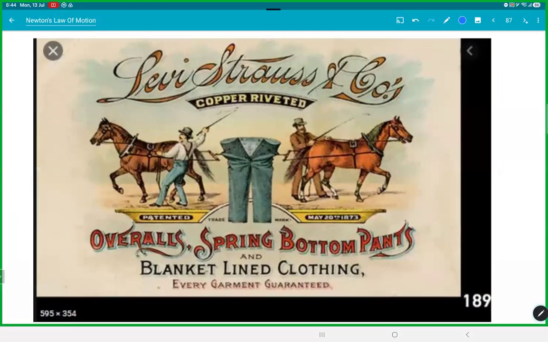Yeah, this was the flyer kind of thing. Look at the name also. Overall, spring bottom pants, blanket line clothing, every kind. So Levi Strauss, that's something. So if you don't know physics, that's how you can be fooled. Clear with this? Yeah, that's the basic idea there.